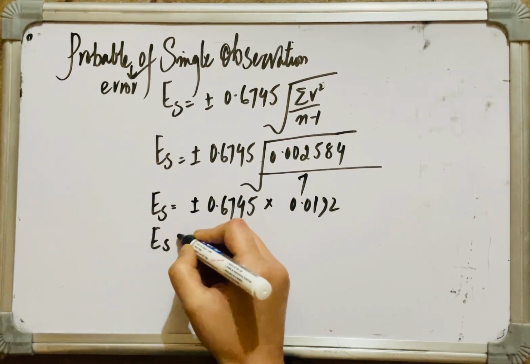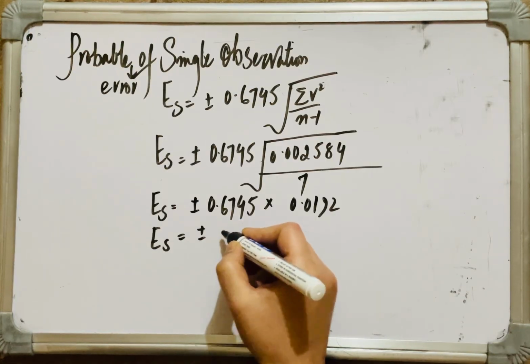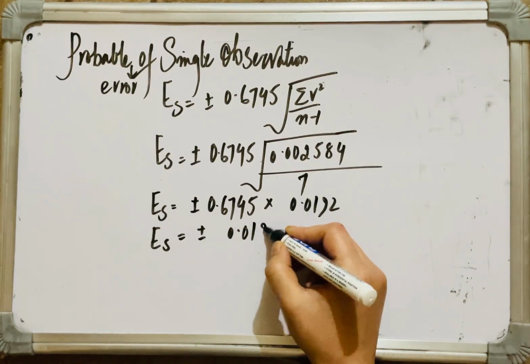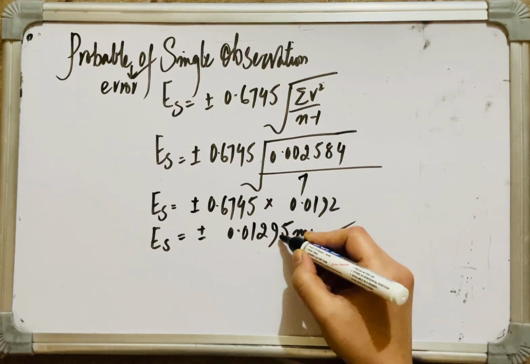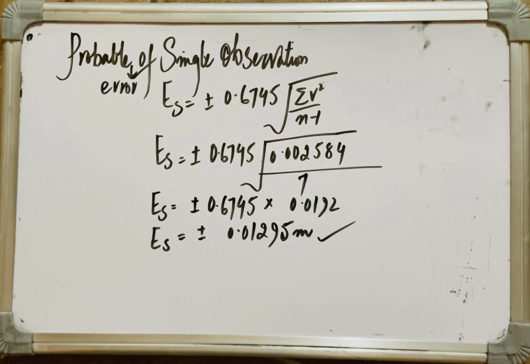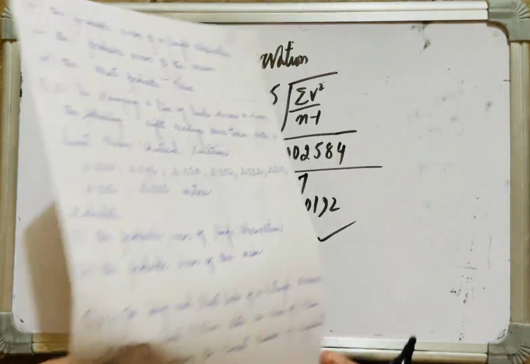That means my probable error of the single observation is plus minus 0.01295 meters. All right. Second part of the question asks us to calculate the probable error of the mean.